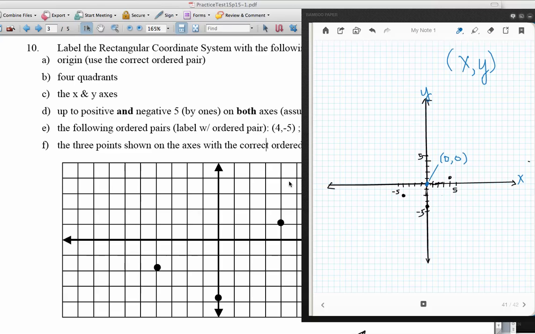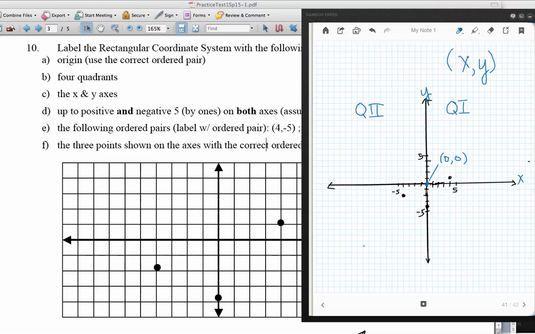All right, now the next thing that it asks us to do is to label the 4 quadrants. So the 2 axes break up the plane into 1, 2, 3, 4 quadrants. Quadrants are labeled with Roman numerals, not the kind that you usually write, the Arabic ones. So this is Q1. And then we go from the upper right counterclockwise to Q2.